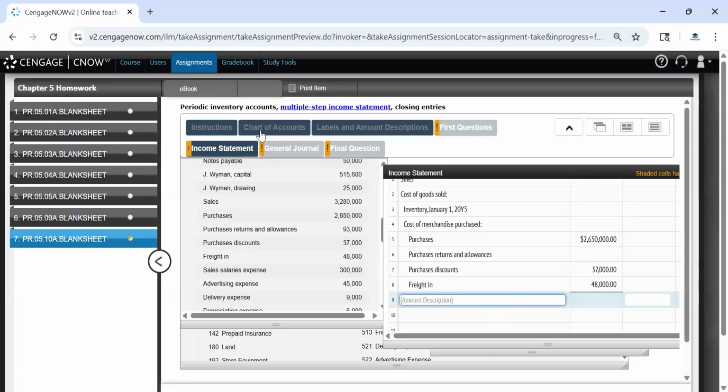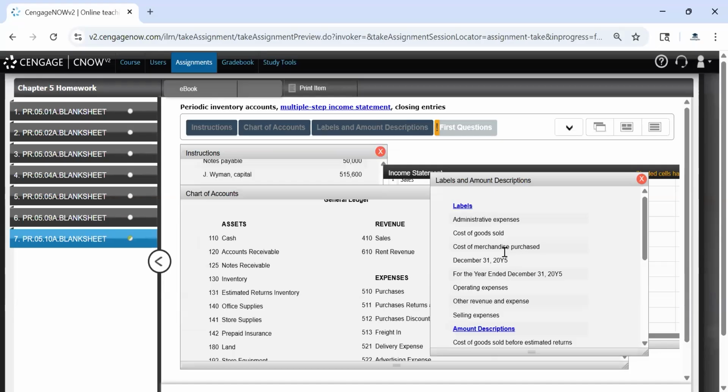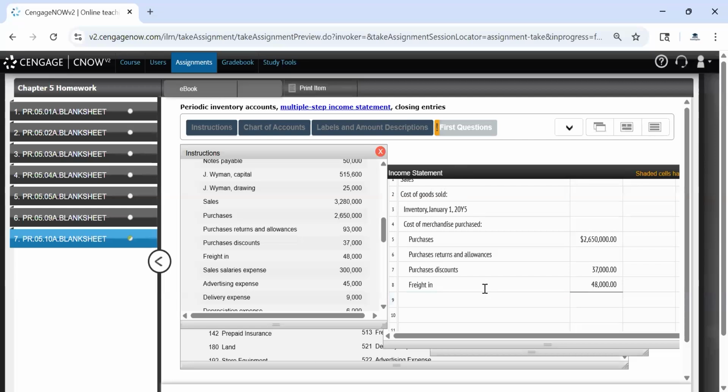We'll put in that amount description just to make it a better visual. But the total cost of merchandise purchased is what we're trying to calculate and display here on the income statement. And our purchase returns and allowances were $93,000. This also reduces our goods available for sale.